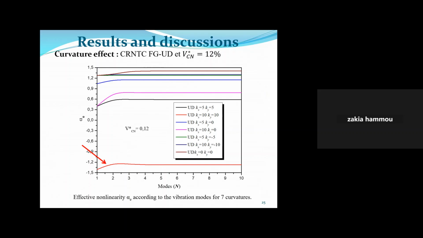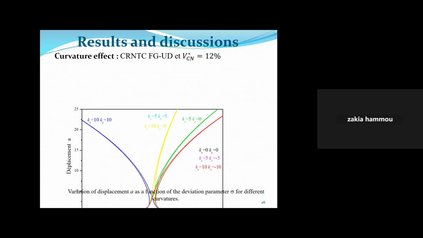It is remarkable that all values of alpha E are less than 0 for the spherical shell kx, ky equal to 10, which indicates that the shell is in a softening state for all 10 modes. Unlike other curvatures, we notice values of alpha E greater than 0, corresponding to shells in stiffening states.